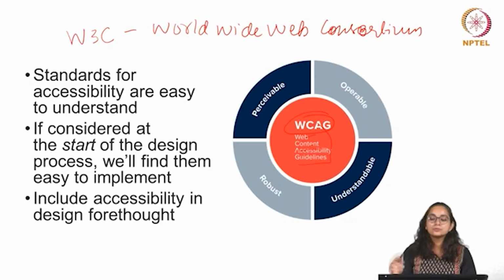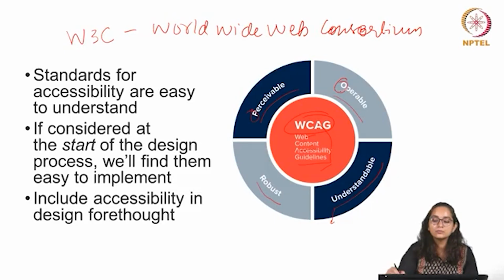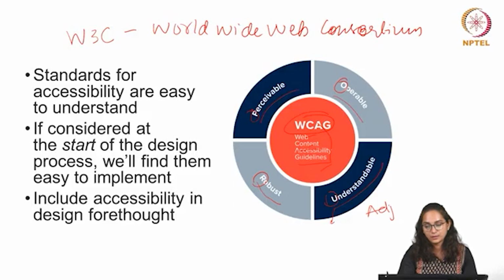The web accessibility guidelines are basically divided under these 4 heads, which are perceivable, operable, understandable, robust. POUR is the abbreviation for it. If you see, these are also adjectives, and thus they are meant to communicate attributes of a design.